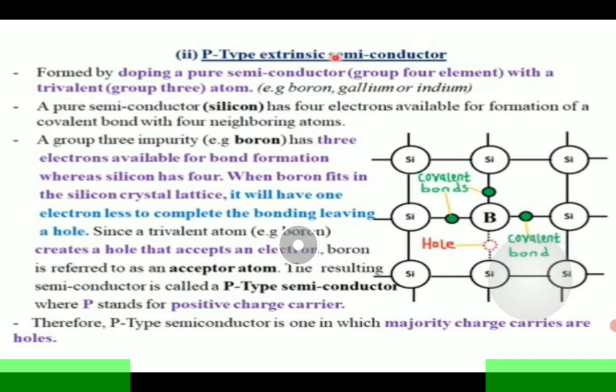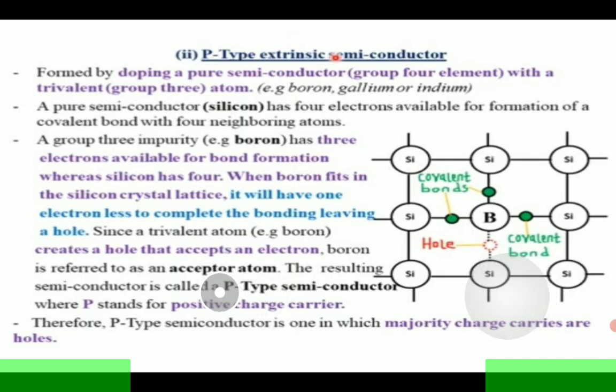Since a trivalent atom, boron in this case, creates a hole that accepts an electron, boron is referred to as an acceptor atom. Here, boron is an acceptor atom because it has failed to provide a bonding electron, but is accepting an electron from silicon, which creates a hole, a positive charge carrier. So the resulting semiconductor is called p-type.